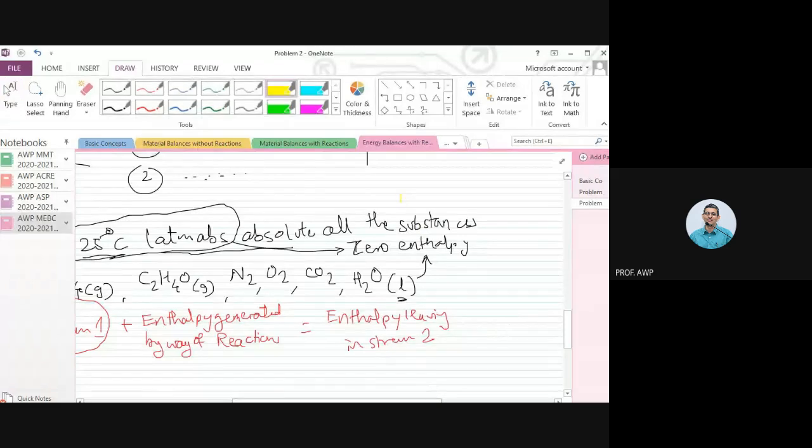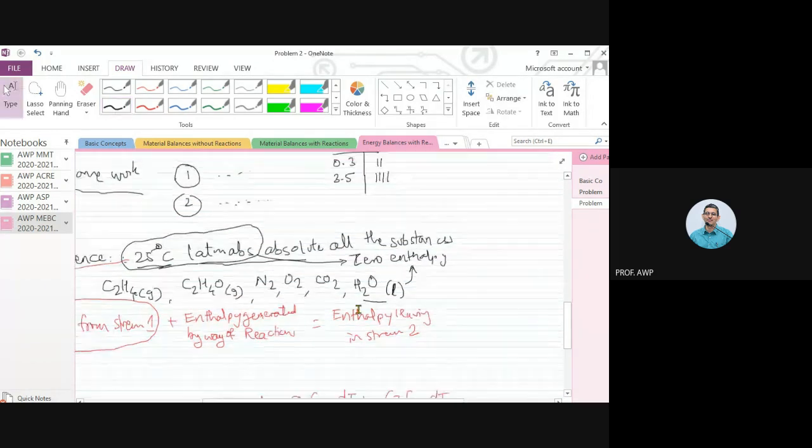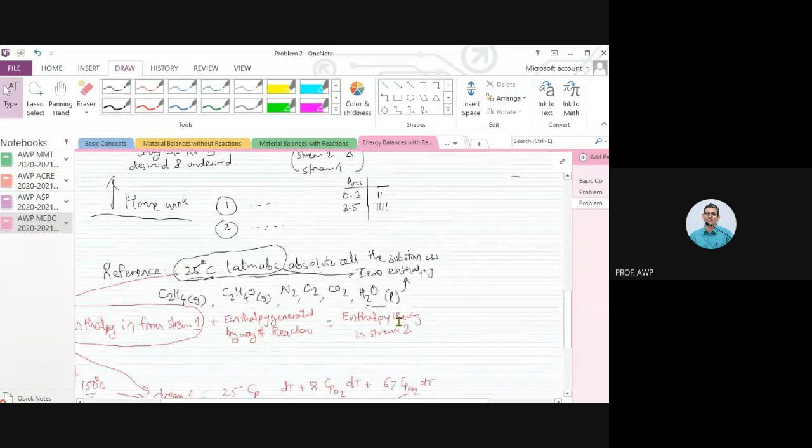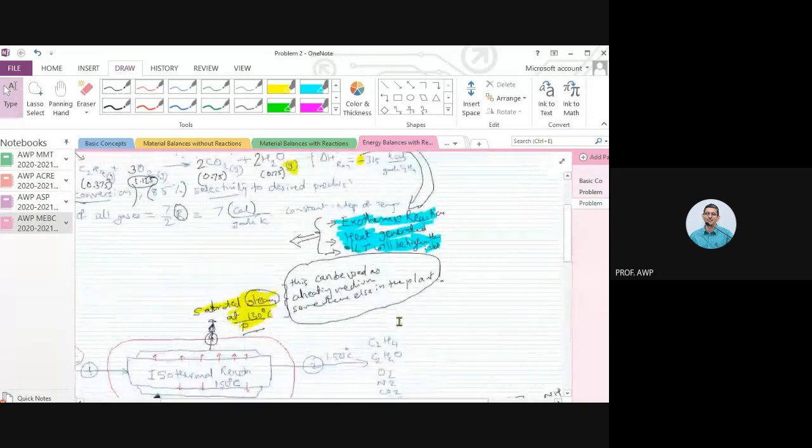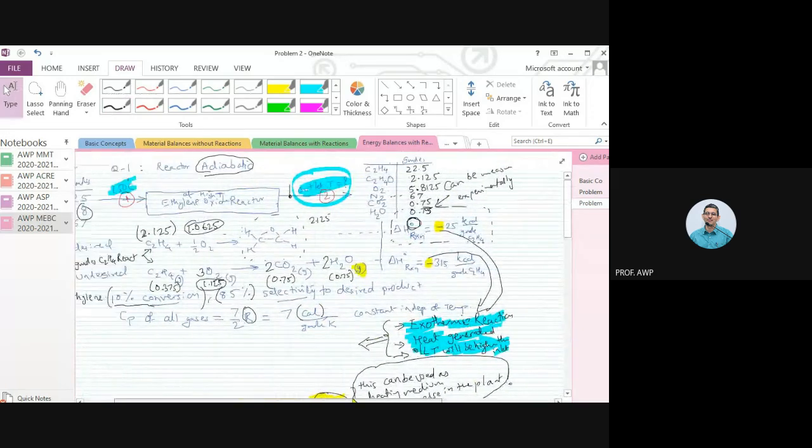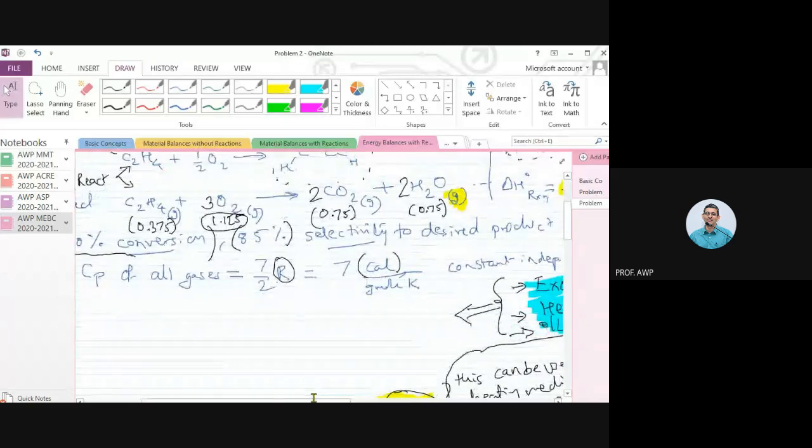So rather than taking this in the liquid state, it's okay if you want to take it in the gaseous state. Or if you want to keep it in the liquid state, that's a very systematic thing to do. If you want to keep the reference condition as H2O liquid at zero enthalpy, let us make sure that this reaction also we write with respect to water in the liquid state.